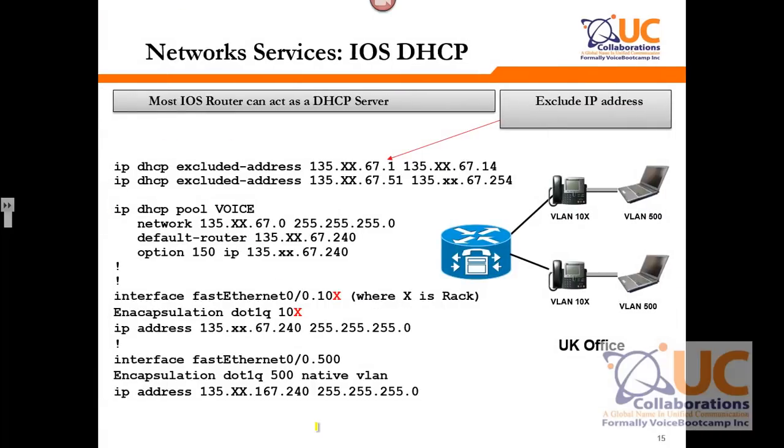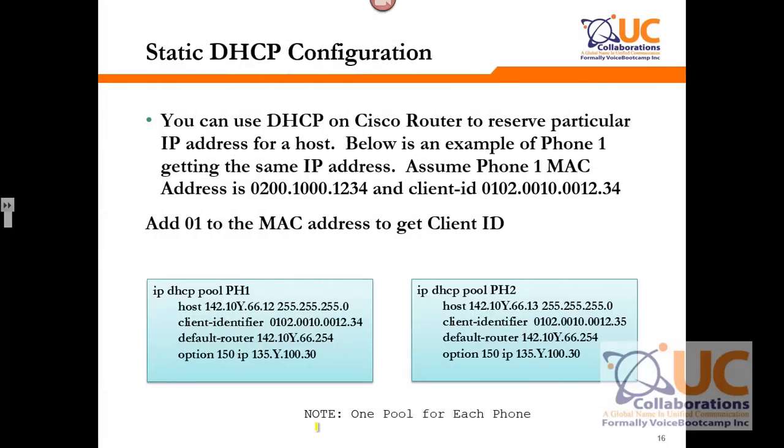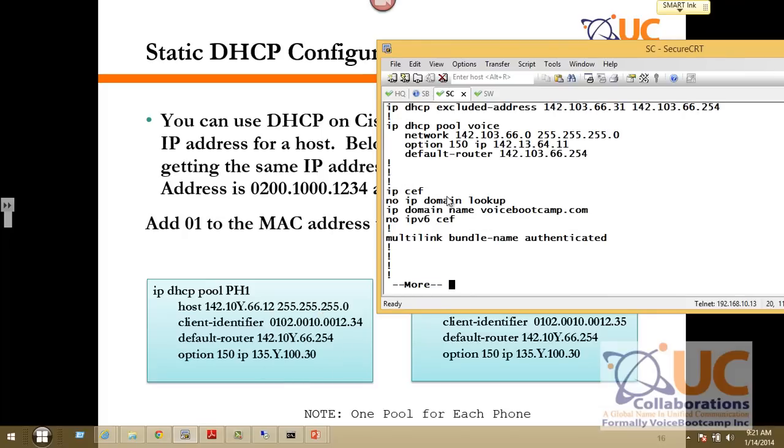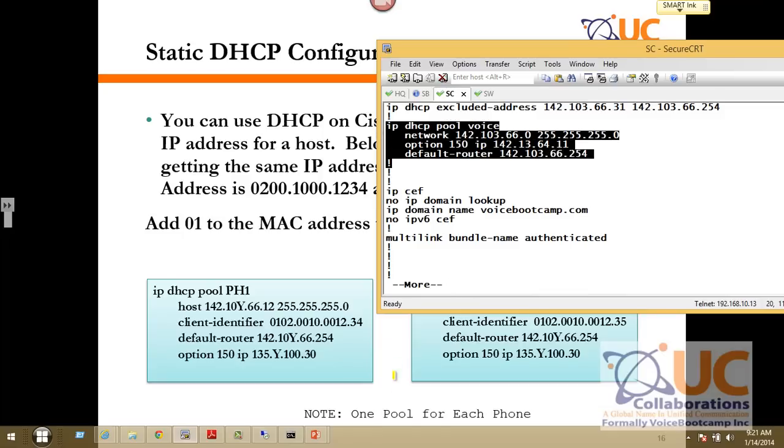Once you configure the local router as a DHCP server, in some cases they might ask you to reserve a particular IP address for a particular host, so it doesn't matter how many times that IP phone is restarted, it will always obtain the same IP address. To achieve that, if you take a look at the router, I have configured this as my DHCP.